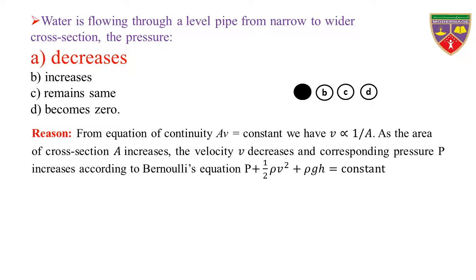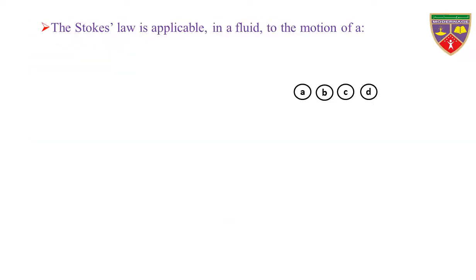In this case, h does not change, rho does not change, but V is decreasing, therefore P is increasing, so that the sum of pressure plus kinetic energy per unit volume plus potential energy per unit volume remains constant. Hence, the pressure increases.